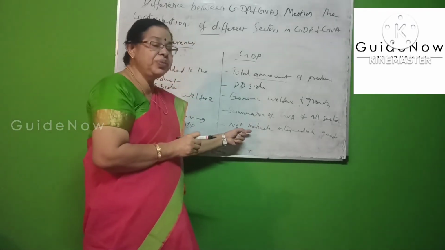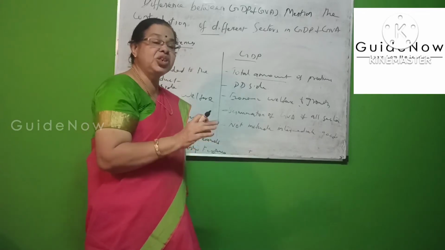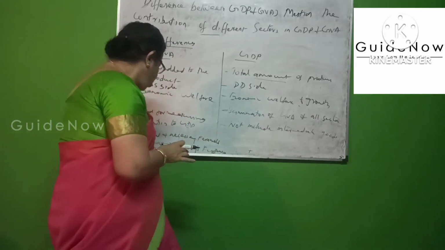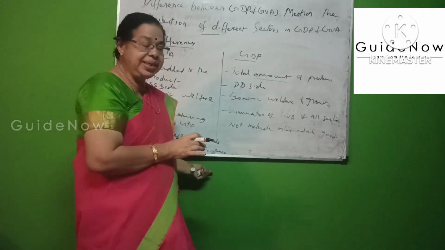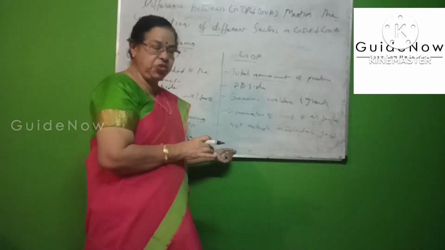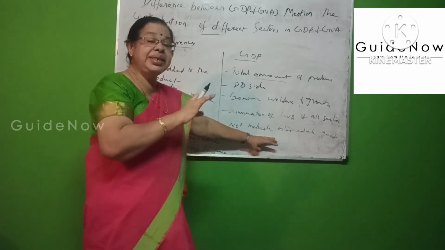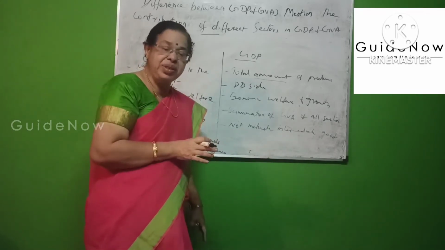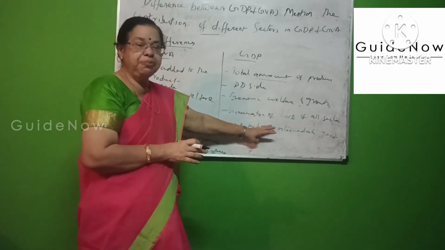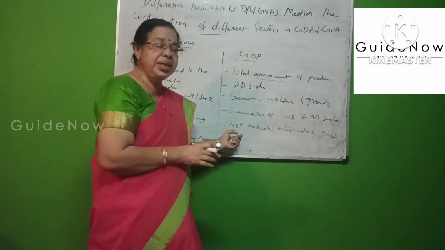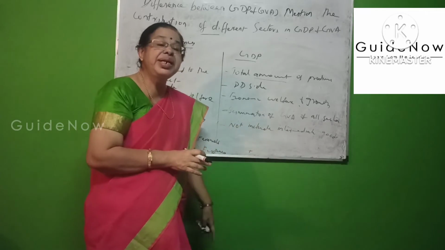But in the case of GDP, it does not consider the economic performance. GVA is more specific, but in the case of GDP it includes all sectors of the economy. That is, one is more specific and the other is not specific. And GDP does not include the intermediate product.